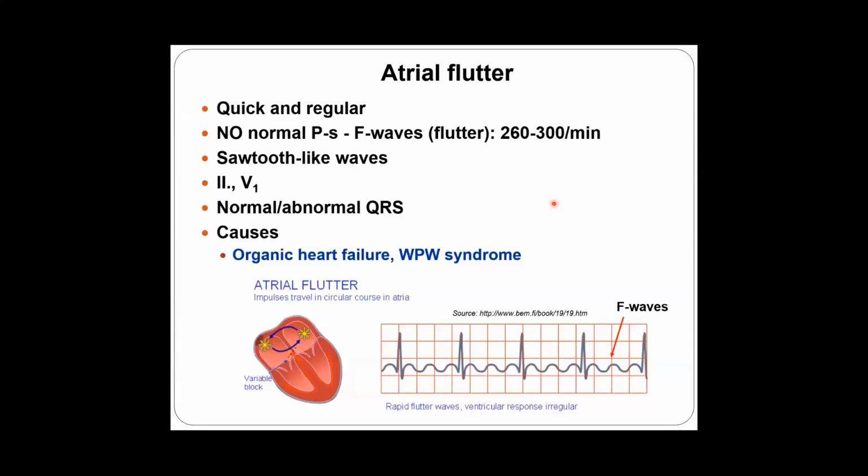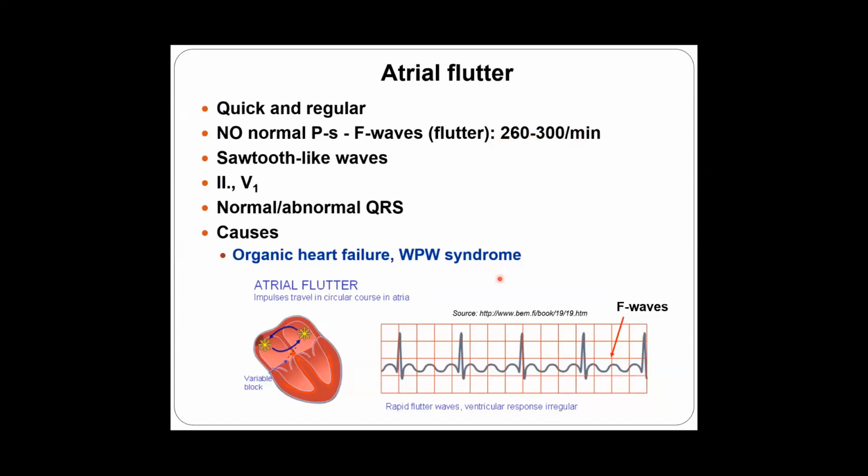So we still have atrial contraction. However, this is a very fast contraction, especially if you look at the rate of the atrium, which is around 260 to 300 per minute.